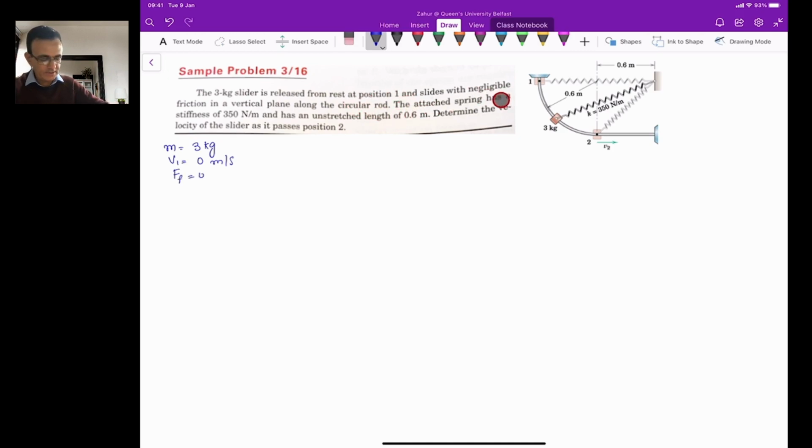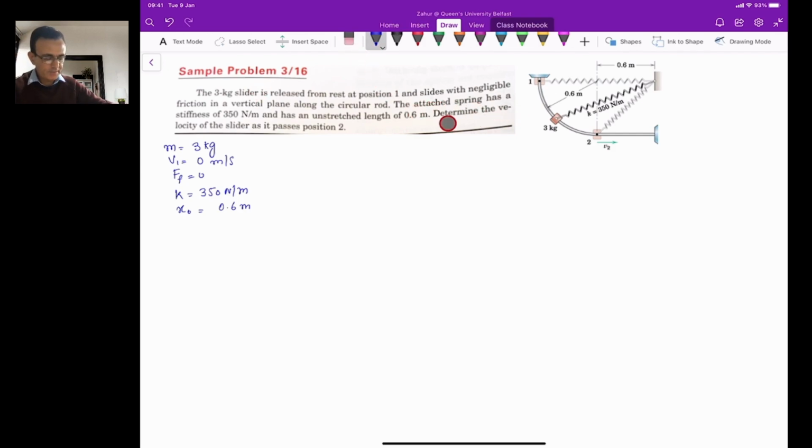And the attached spring has a stiffness of 350 Newton per meter. So k of the spring is given, which is 350 Newton per meter, and has an unstretched length of 0.6 meter. So x naught, which is the unstretched length of the spring, is 0.6 meter.